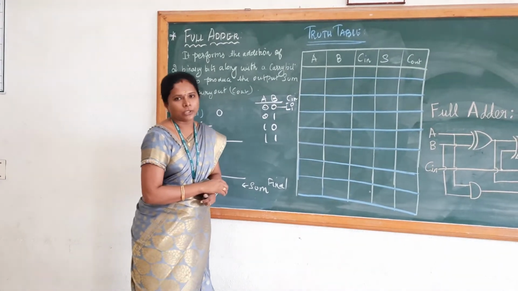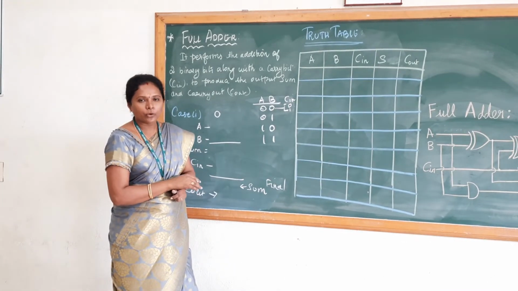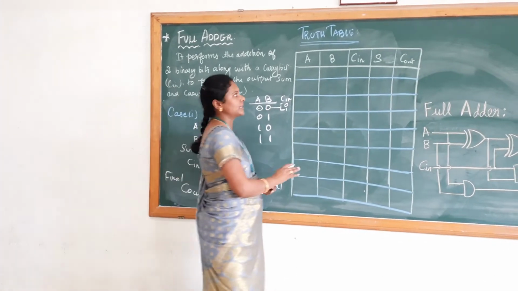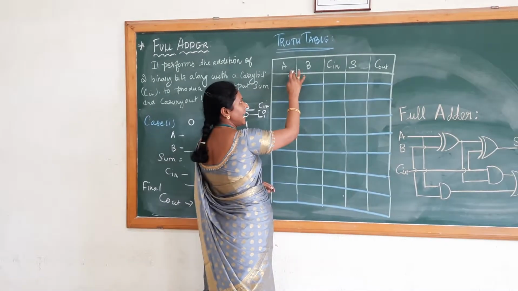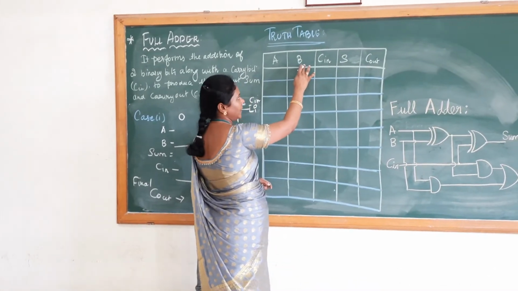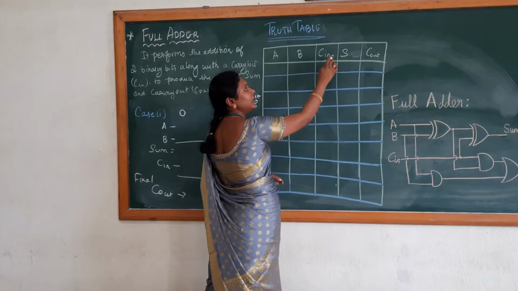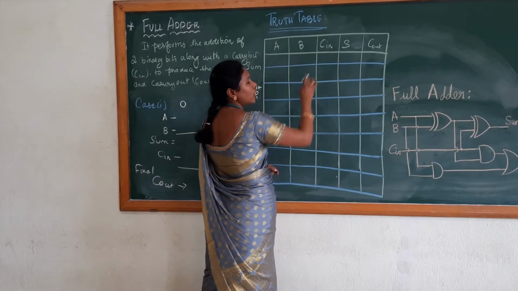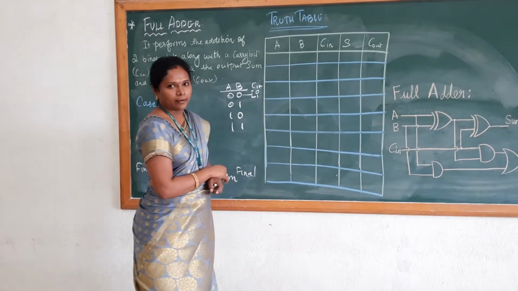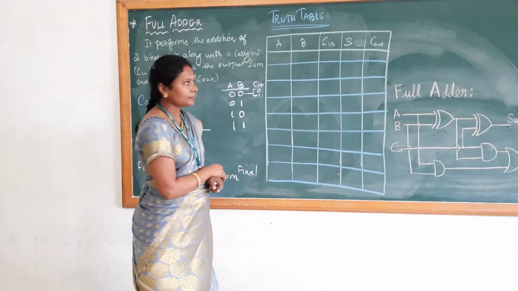So that logical function performs the addition over the three bits. What are those three bits? Your two normal binary bits A and B, the actual binary input bits, along with the previous carry generated as input, Cin. We call it the carry Cin. That is your previous carry.